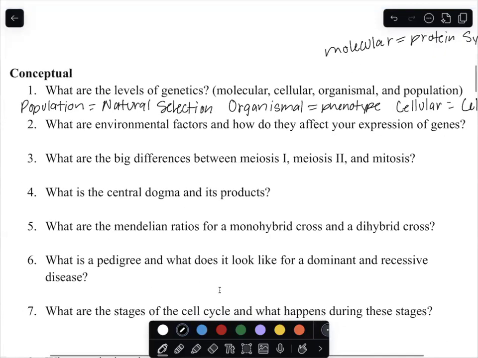Okay, what are environmental factors and how do they affect your gene expression? So, environmental factors can affect the expression of your genes through the determination of sex in certain species. So I'm just going to write sex determination.